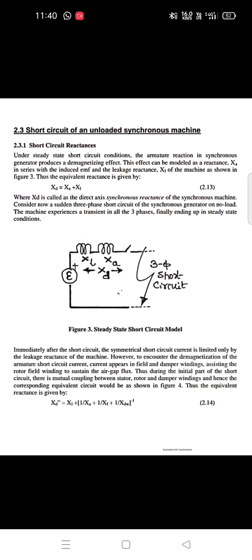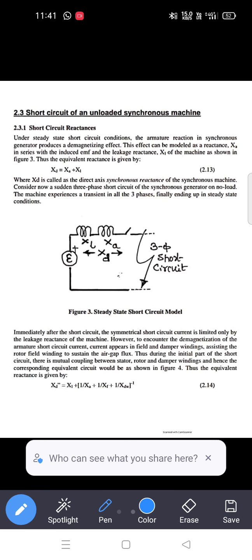So first we have to find out what happens to the reactance of the circuit when the short circuit happens. In normal steady state condition, the armature reaction in a synchronous generator produces a demagnetizing effect. This effect can be modeled as a reactance XA, in series with the induced EMF and the leakage reactance.